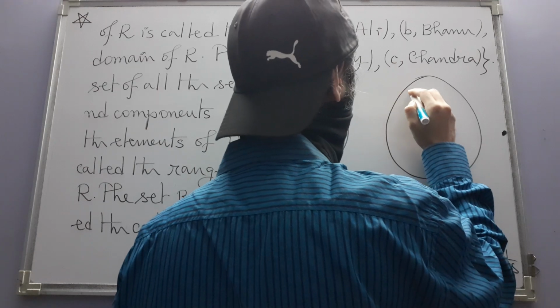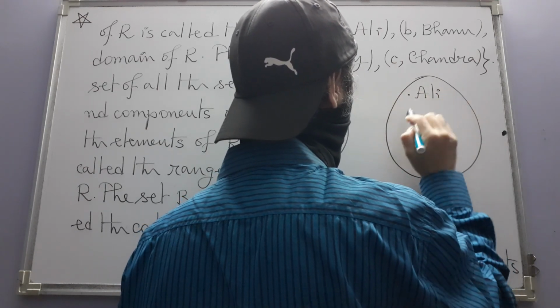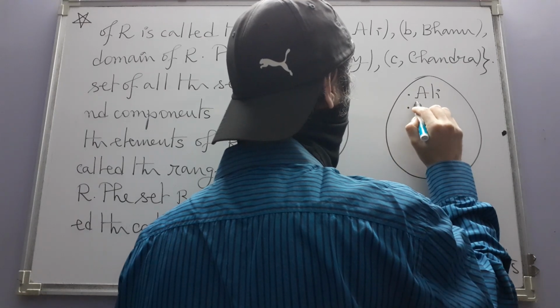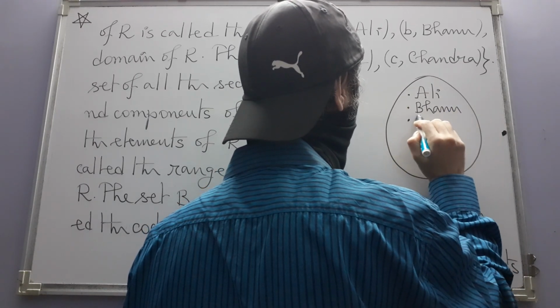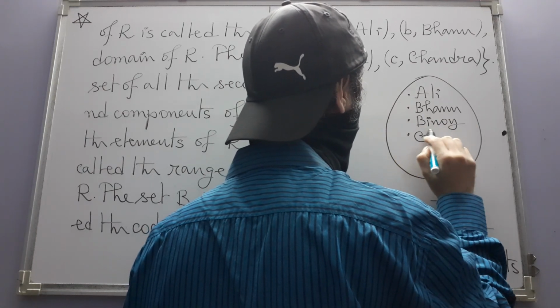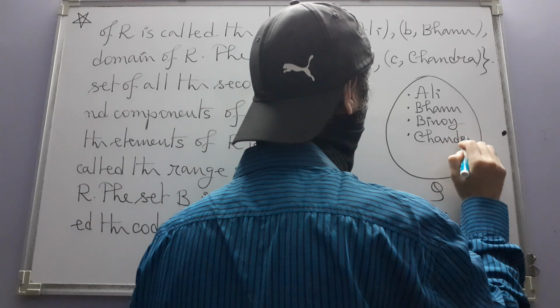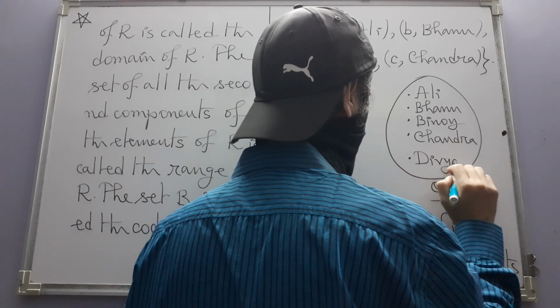And the elements in Q, however, these are the names. Okay, so Ali, Bhanu, Binay, Chandra, and here Divya.